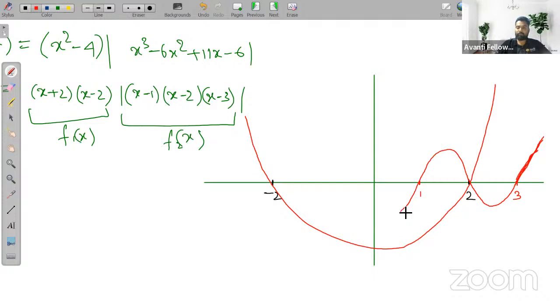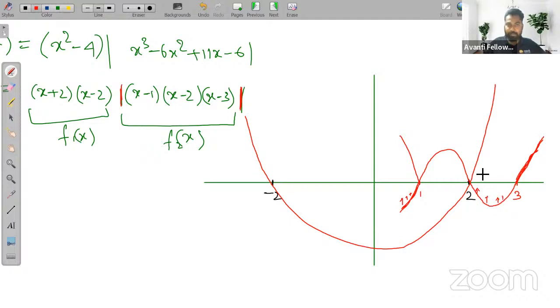Yes or no? Now, because we have the modulus, we need to take all the negative portion to the positive side. That means this part of the graph will be flipped, and here also we need to flip this part.